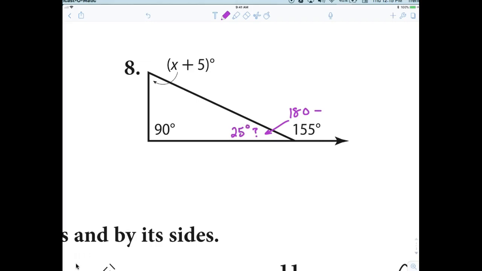Okay? So now how do I find this missing angle? Go ahead. Tell me what to do now, Sebastian. So you add 90 plus 25. Subtract that from 180.